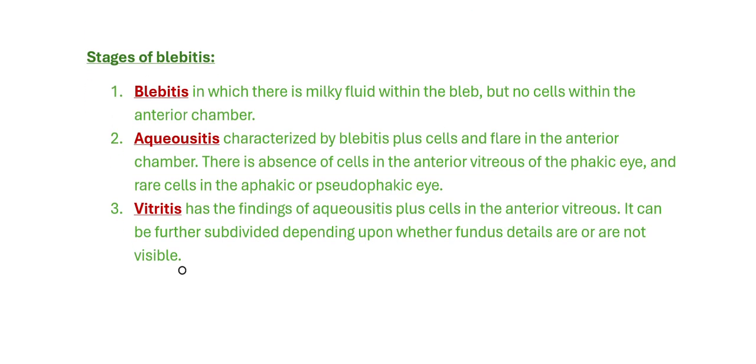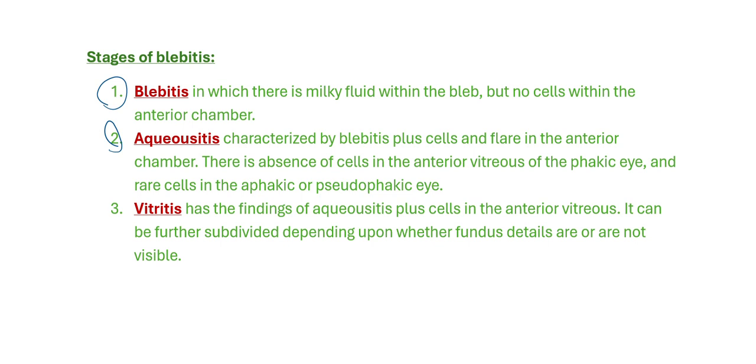Stages of blebitis. This happens in 3 stages. First one is blebitis only. The organism has reached the bleb, subconjunctival space, but didn't reach the anterior chamber. So there is no cells in the anterior chamber, no cells in the vitreous. It's just milky fluid within the bleb, injection, pain, foreign body sensation, and then uveitis when the inflammation extends to the anterior chamber.